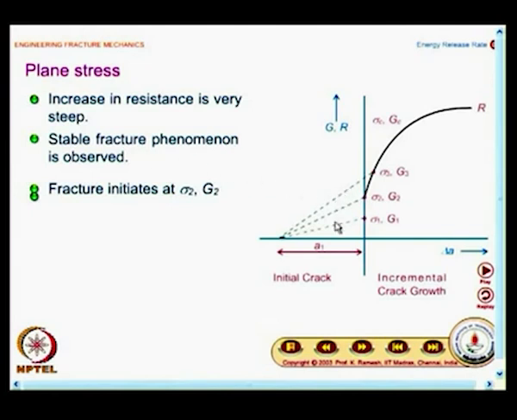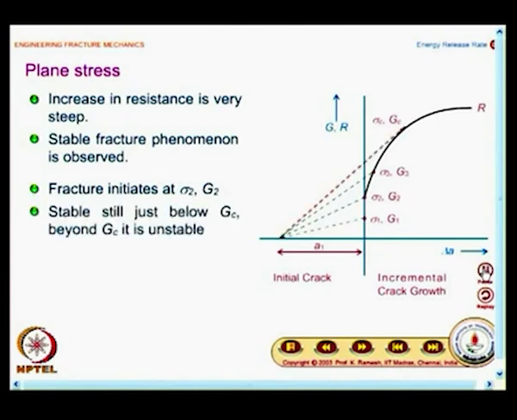What you see in this graph is, when the stress level is increased from sigma 1 to sigma 2, you have at this point G equal to R. So, fracture initiates at sigma 2 and the corresponding energy release rate is G2. When I increase the stress further to sigma 3, the crack advances by a small amount and stops. Until I increase the stress further, it will remain there.